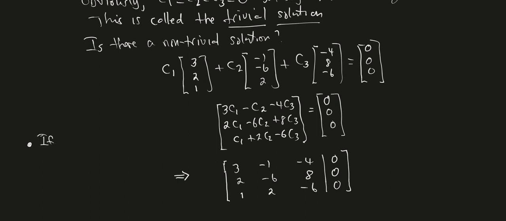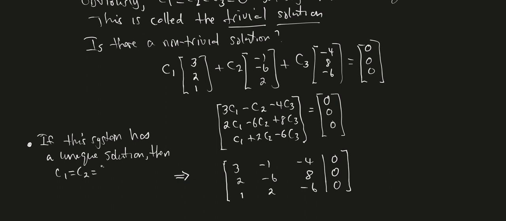If this linear system has a unique solution, then that solution is only the trivial solution. So C1 would have to be equal to C2, equal to C3, and unfortunately they would all have to be equal to 0.